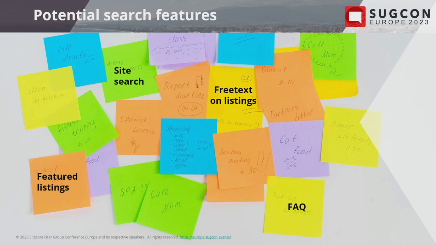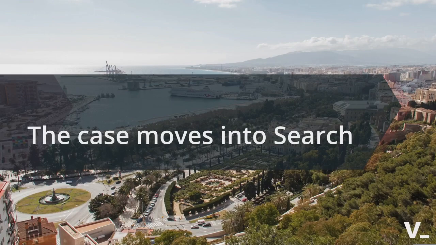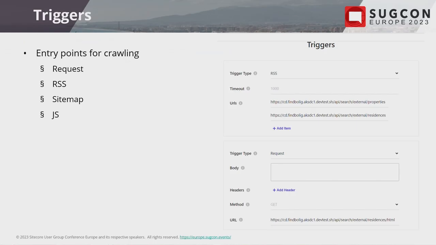Okay, so now we want to move this case into the Sitecore Search framework. And it starts out with the triggers. So the first step is that we need our content indexed. And we were going for the crawler.